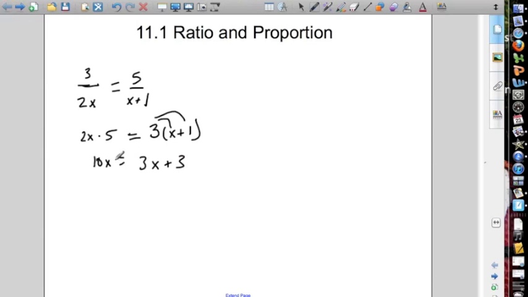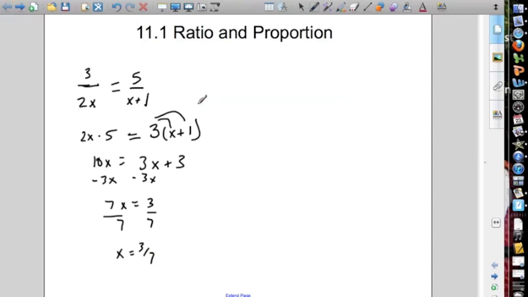You'll want to identify today what type of problem you have. As you look at this, this problem just has x's on both sides. Because it has x's on both sides, I'm just going to combine those x's together. So subtract 3x, 7x equals 3, solve by dividing by 7. X is 3/7.